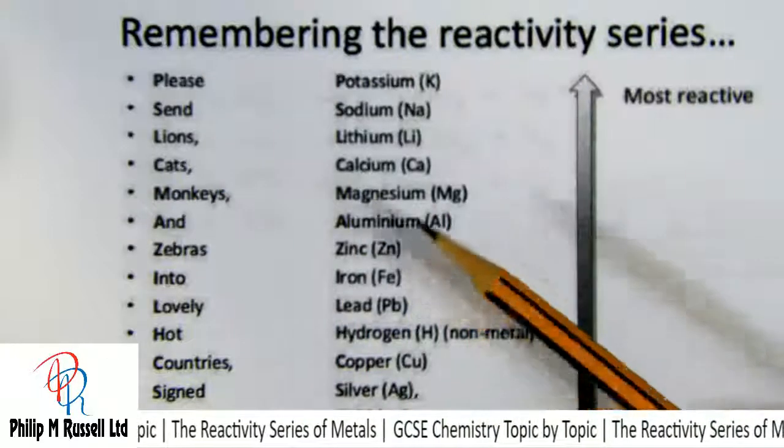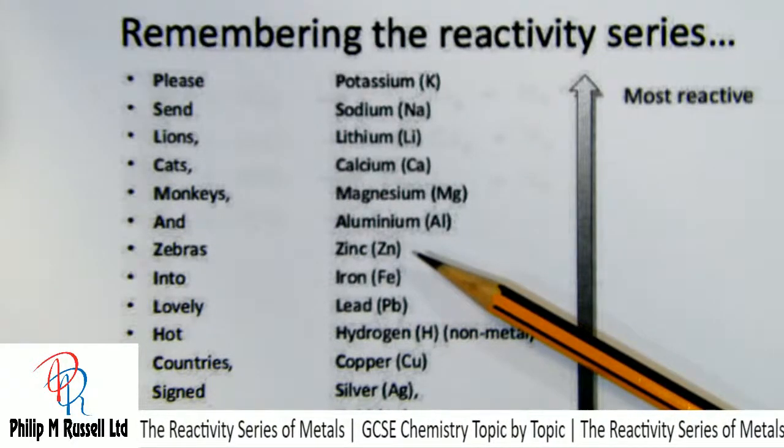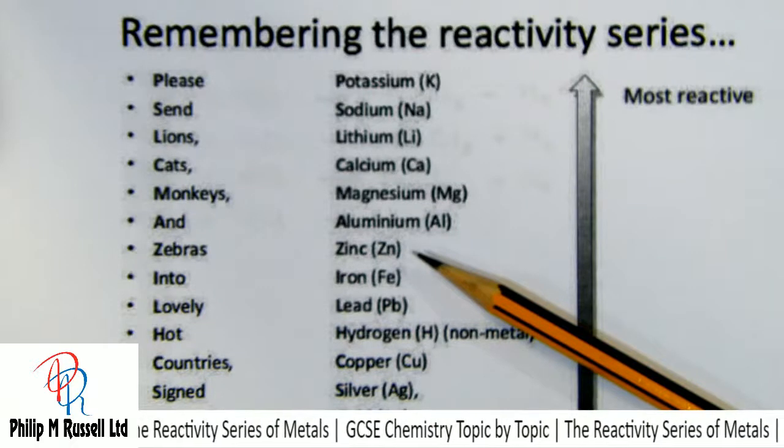If you want to look at aluminium reacting, then we need to get rid of that. And we usually get rid of that by either giving it a quick rub, or we can put it in a chemical to try and get rid of some of the oxide. And then we find that aluminium is a lot more reactive. Zinc is probably used most of the time for the laboratory preparation of hydrogen.